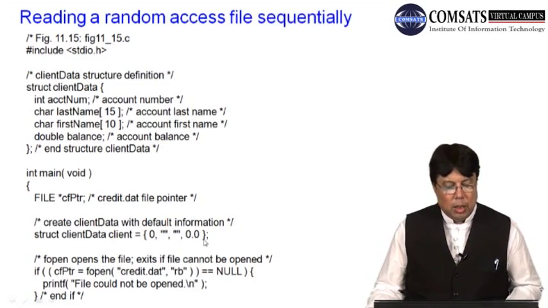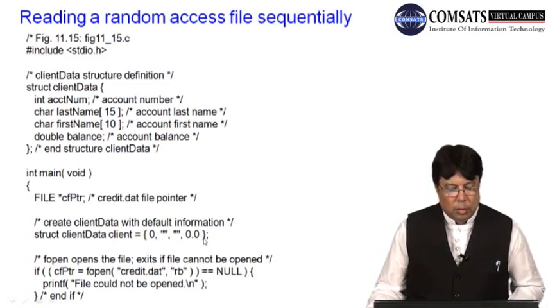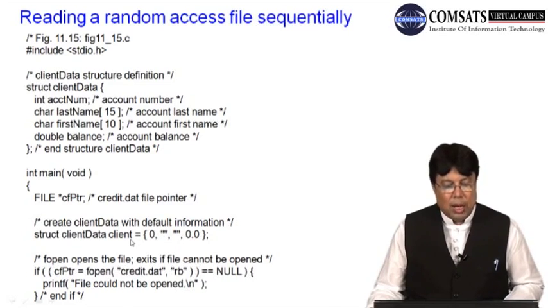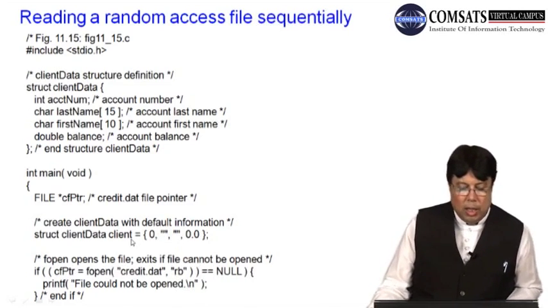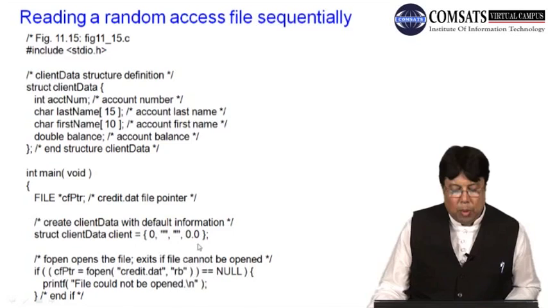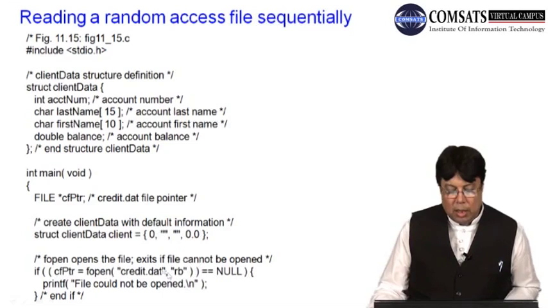This is initialized, just to give the initial value to this client structure, so that if the data is not properly read, you have some initialized value already. So we can open up the file. This time we have opened it just for reading, not writing. So it is rb; last time it was rb+.